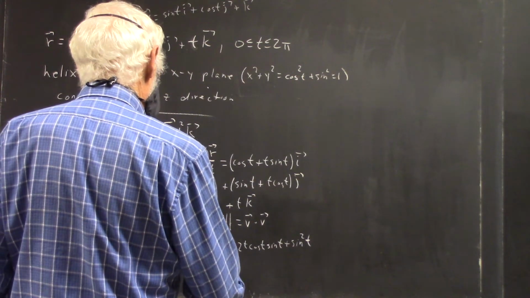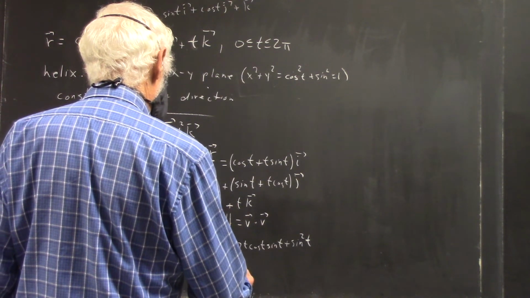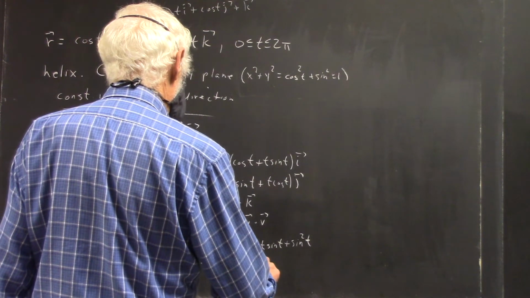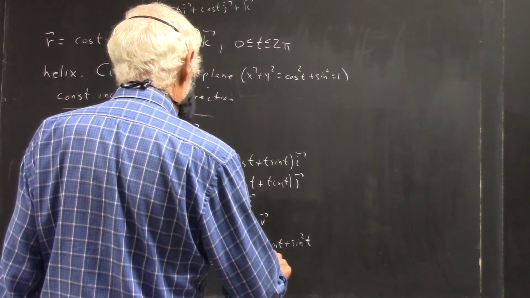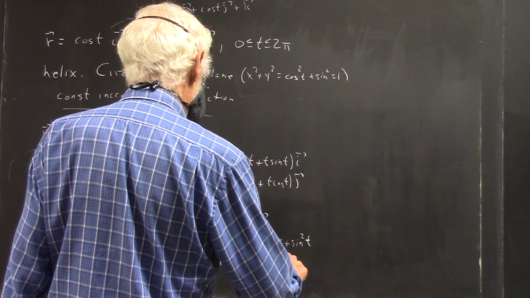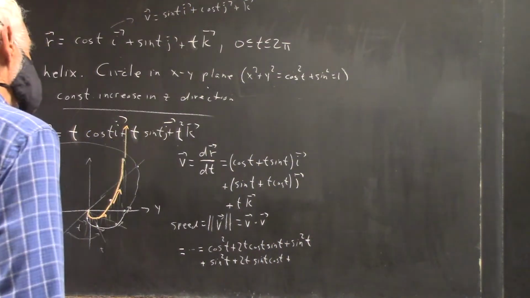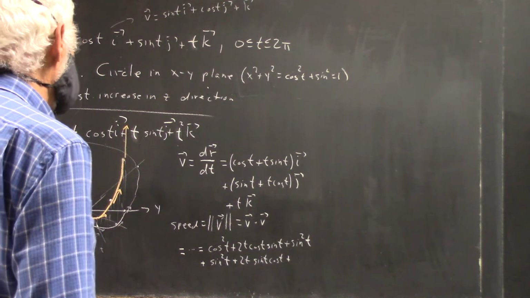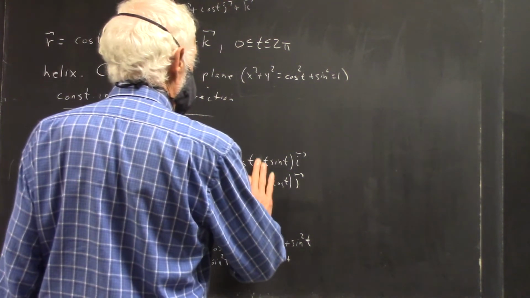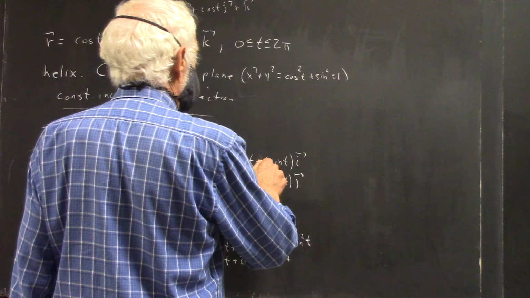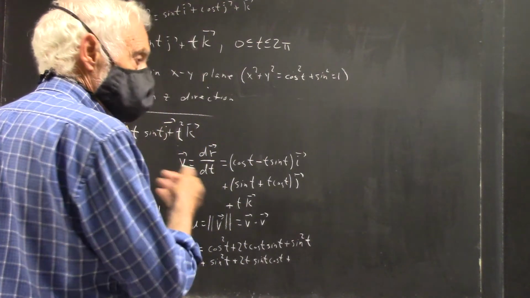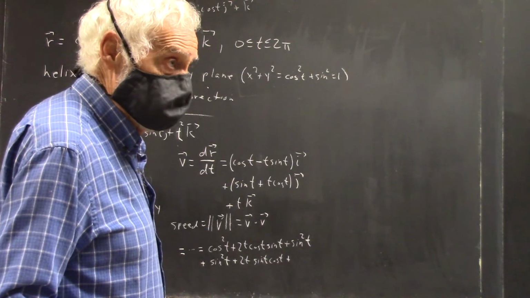But anyhow, and then you get sine squared t plus 2t sine t cosine t plus, okay, look here. The derivative of sine is cosine, the derivative of cosine is the negative of the sine, right?